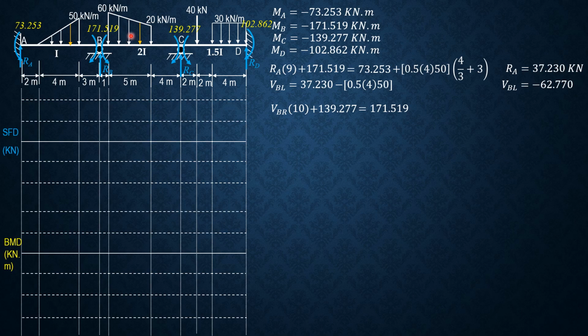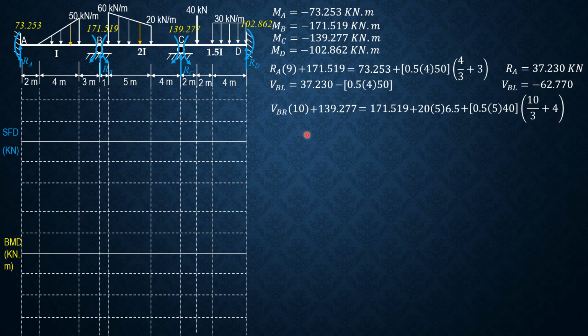So 20 times 5, 2.5 plus 4 is 6.5. So plus 20 times 5 times 6.5. While the moment of the triangular load is 0.5 of 5 times 40, where 40 is 60 minus 20. The moment arm is 2/3 of 5, 10/3 plus 4. So 0.5 of 5 times 40, quantity 10/3 plus 4.